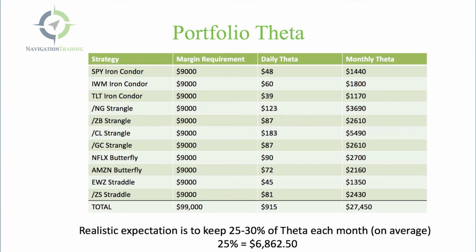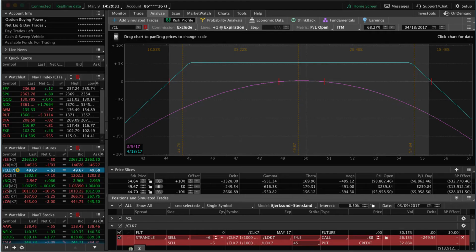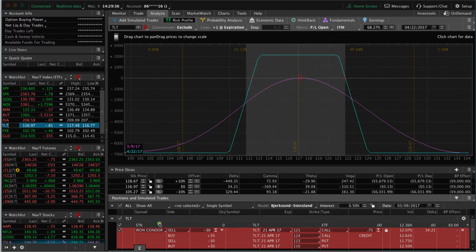The markets are open, markets moving around, so it's not going to be exact, but this is just to give you a back of the envelope theoretical value to help you project potential income. Okay. Same thing if we go to another example like the TLT Iron Condor, 30 contracts to get to that 9,000.